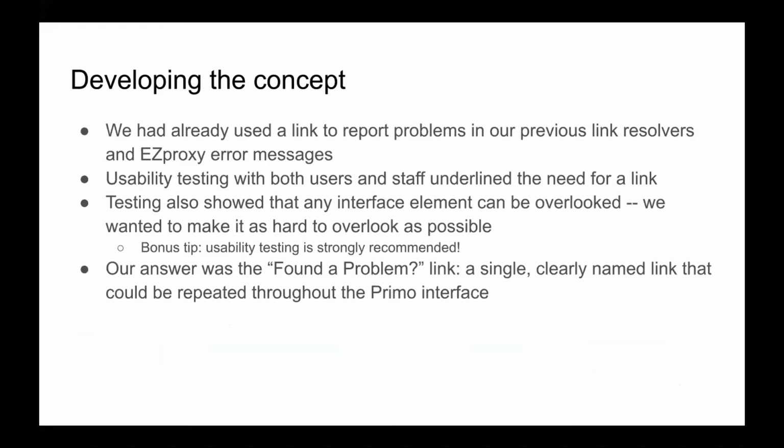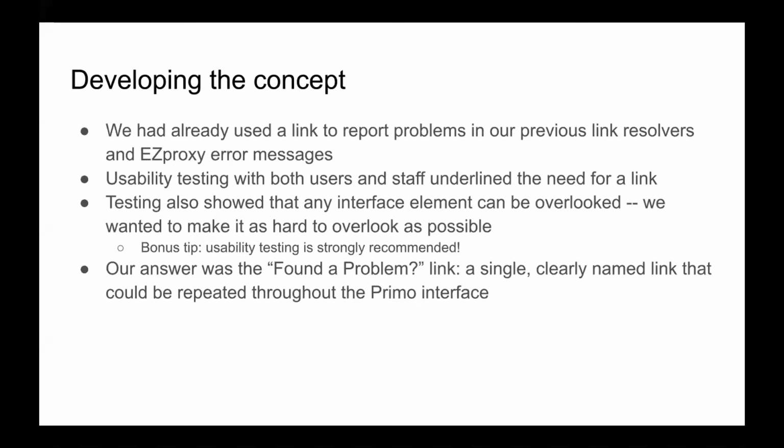Then we started doing user testing. As a side note, we strongly recommend doing usability testing for Primo in any user-facing service. Testing with patrons re-emphasized the need for a problem reporting link, but we also did usability testing sessions with groups of staff members where we combined the usual tests with training and checking for migration problems.